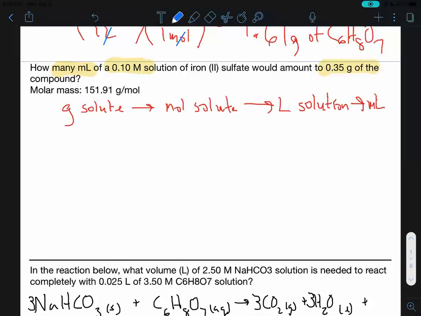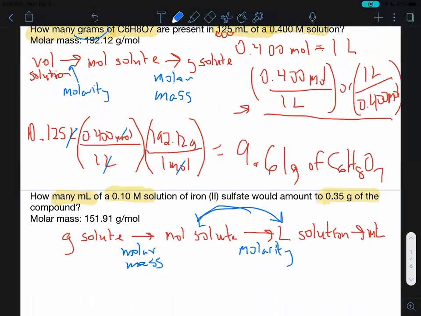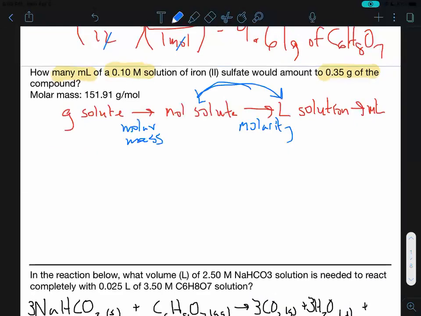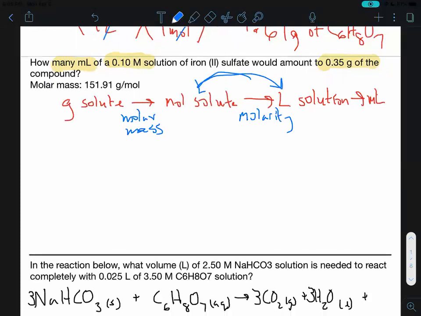And that's going to require molar mass off the jump. Molarity will be used as a conversion factor in our second step. So you'll see molarity as a conversion factor takes us from moles of solute to liters of solution. That's what we used it for up here as well. Moles to liters there. Then this is just a simple metric conversion.